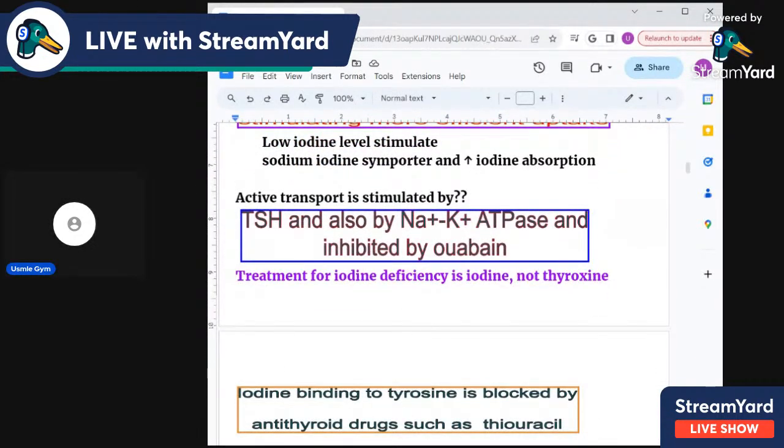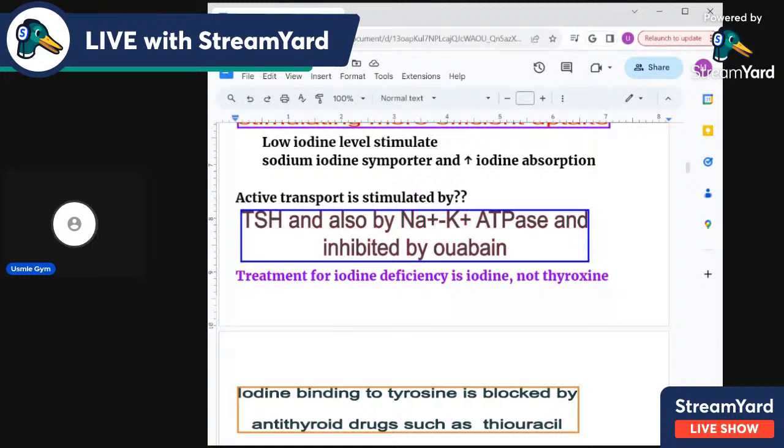Active transport of iodine is stimulated by TSH, as I already explained. TSH attaches to the TSH receptor and stimulates the sodium iodide symporter. Sodium potassium ATPase is also stimulated, and active transport is inhibited by ouabain.